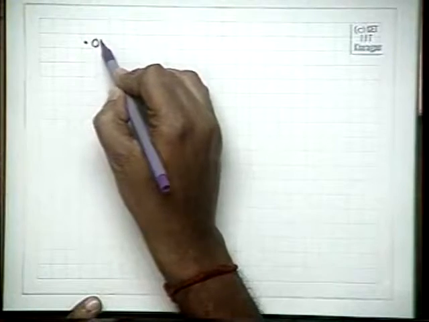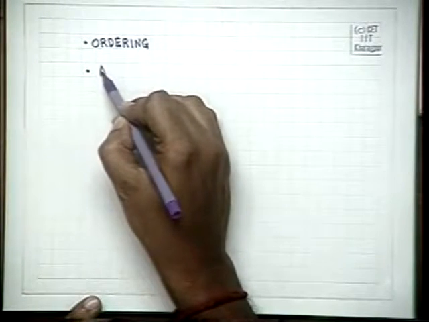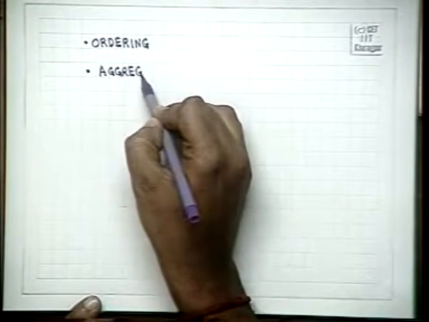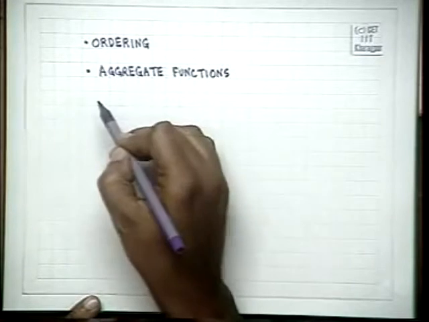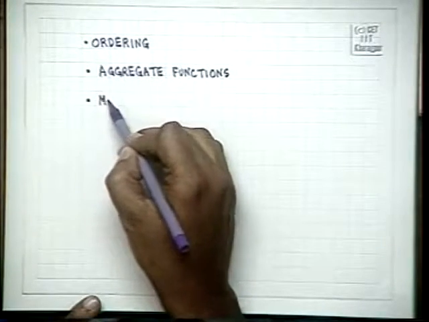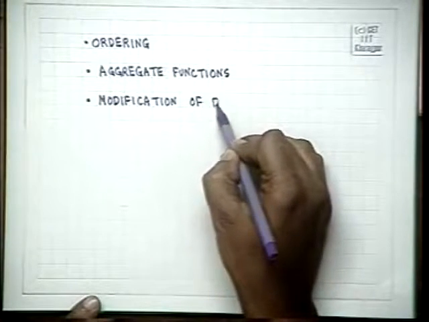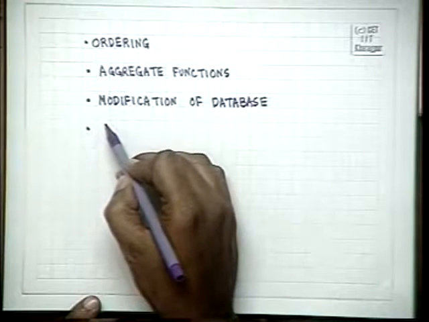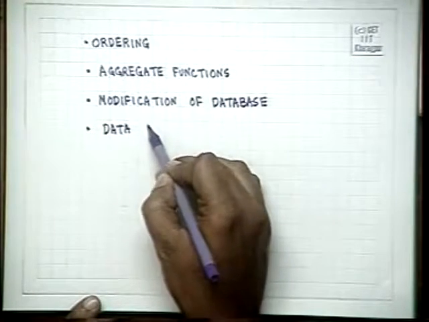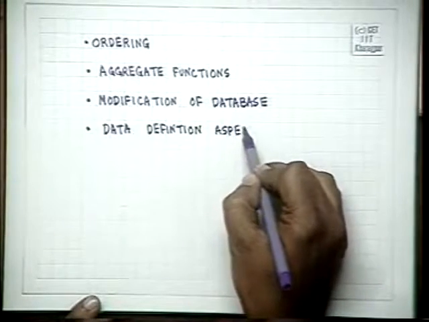Today we will do some other additional operations. One is related to ordering, a second is related to the aggregate functions, and then we will proceed later on to do operations which allow for modification of the database, and we will have a quick look at the data definition aspects provided by SQL.